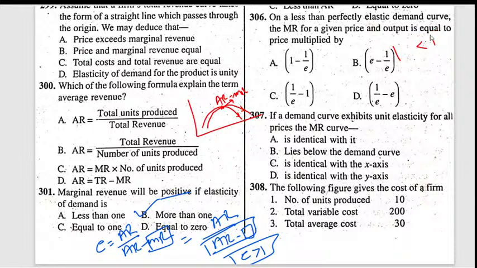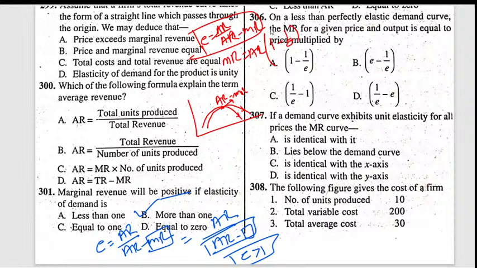Here is one formula of elasticity, AR and MR: E = AR upon AR minus MR. The same formula can be rewritten as MR = AR (1 minus 1 upon E).